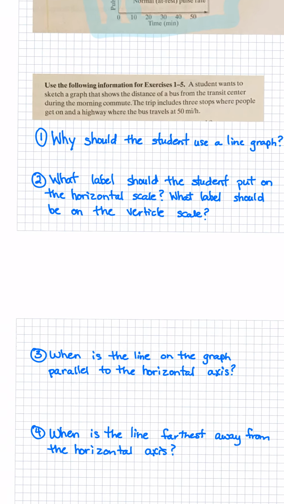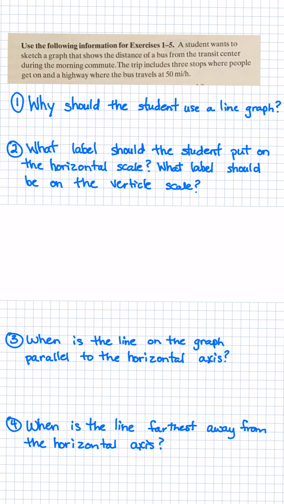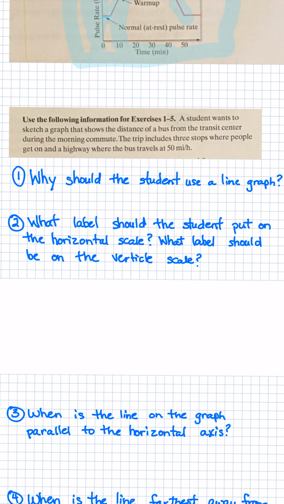Use the following information for exercises 1 through 5. A student wants to sketch a graph that shows the distance of a bus from the transit center during the morning commute. The trip includes 3 stops where people get on and a highway where the bus travels at 50 miles per hour.